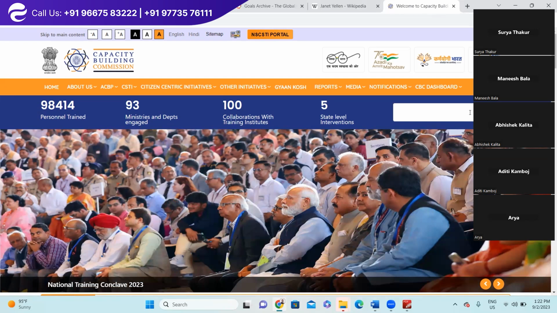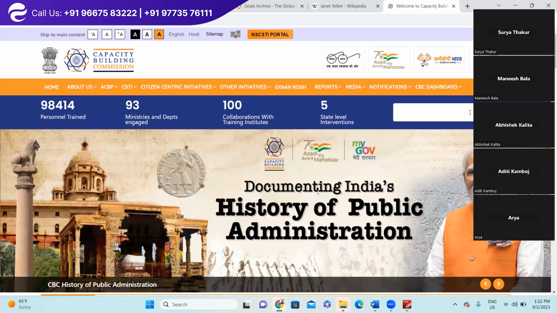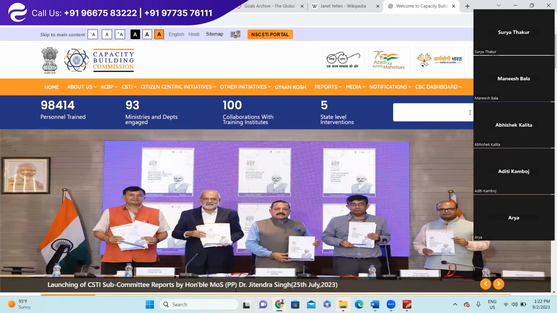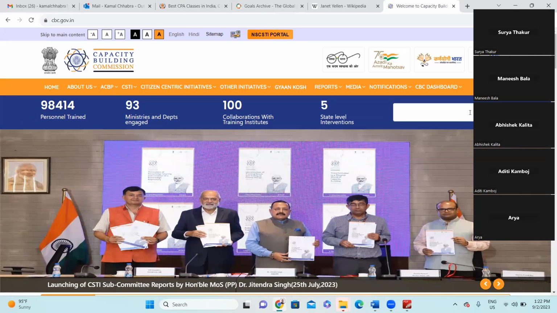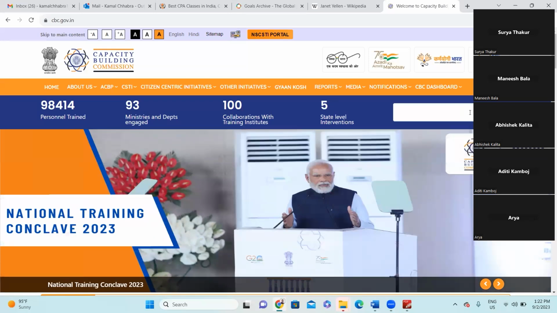So this has been formed recently by the Modi government, and this is for the internal capacity building of all government departments. How to make government department people advanced, right, in terms of technology, whether it's AI, ML, robotic process solution, cyber crime, cyber security, right?